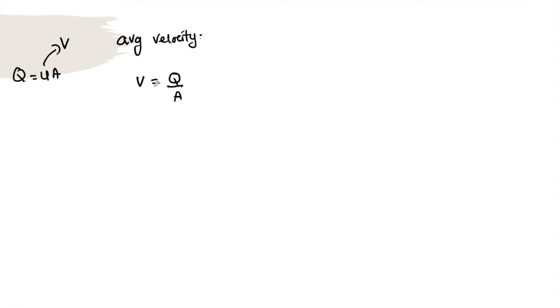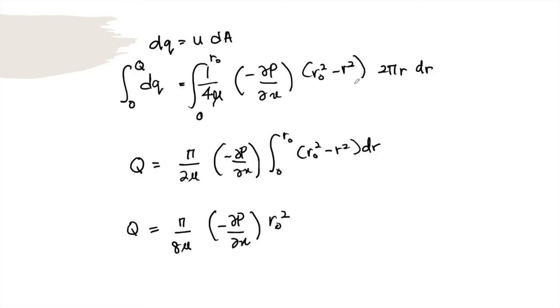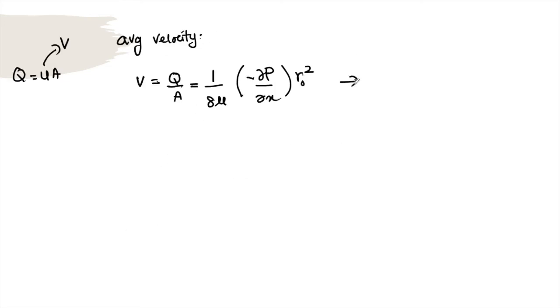Then we substitute the Q value and the A equation. So we will get 1 over 8 mu, negative del p over del x, R naught square. This is equation number 5.